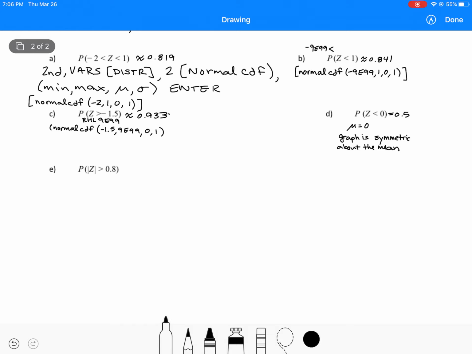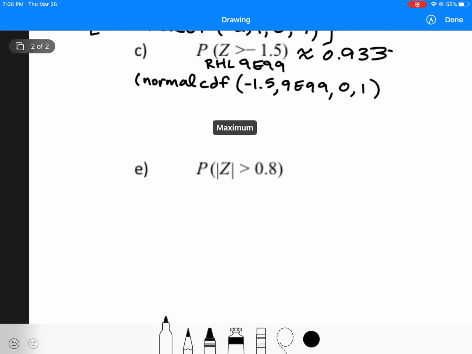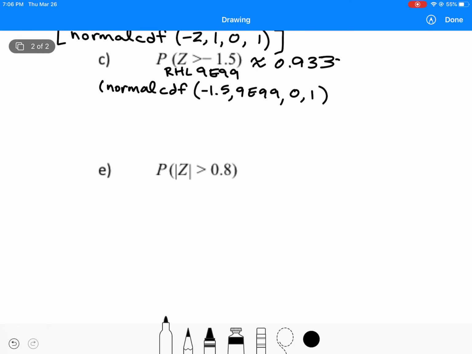The last one that we're going to look at here is the probability that the absolute value of z is greater than 0.8. Now we have to think about what that really means. If the absolute value of z is greater than 0.8, that means that we can have z is either less than negative 0.8, or we can have z is greater than 0.8.